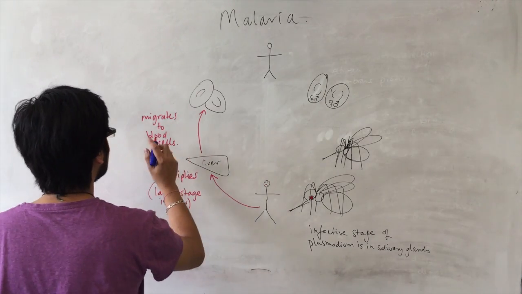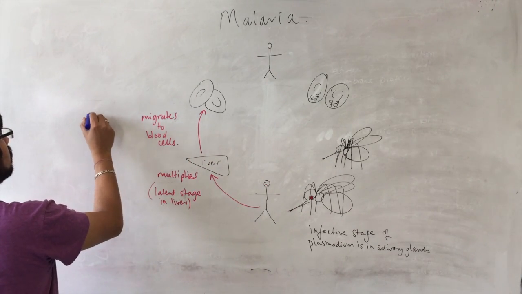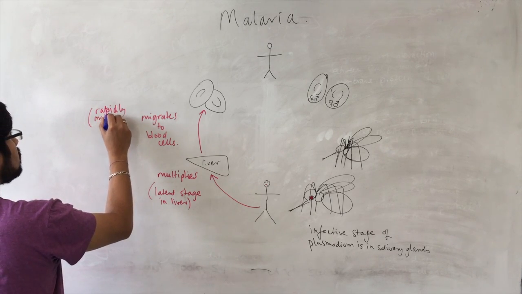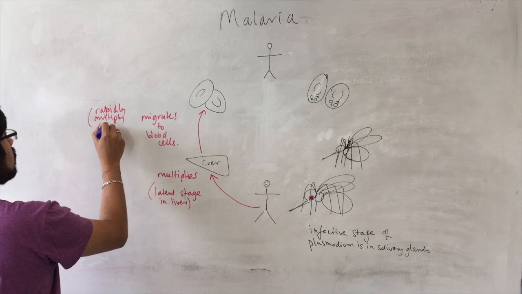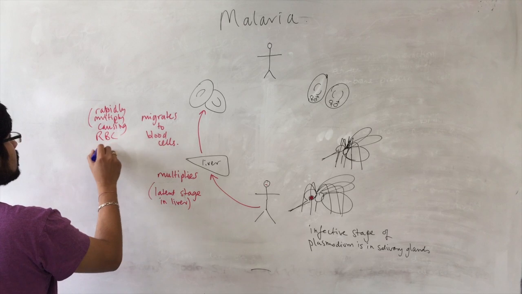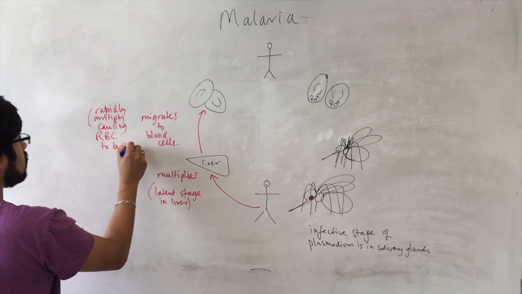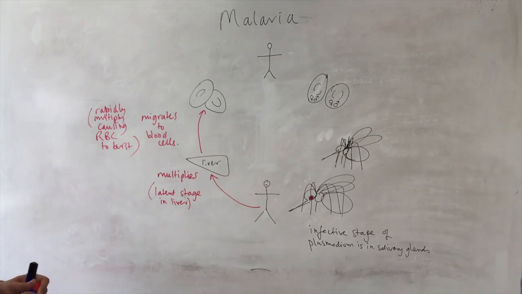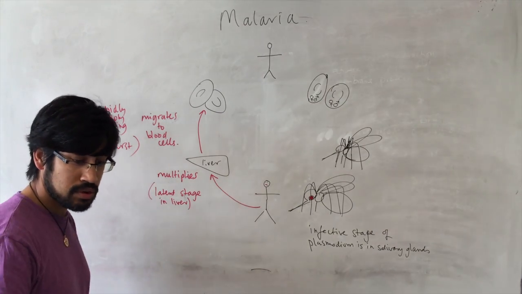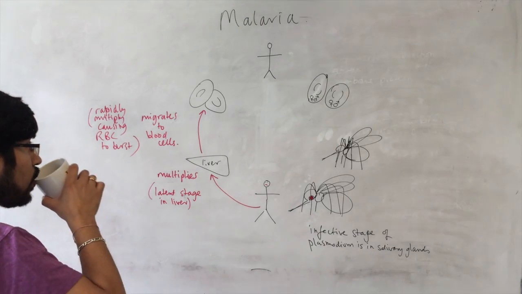But when they do migrate to the blood cells, they rapidly multiply, causing red blood cells to burst, and that's essentially what the kind of damage is to the person. Okay.